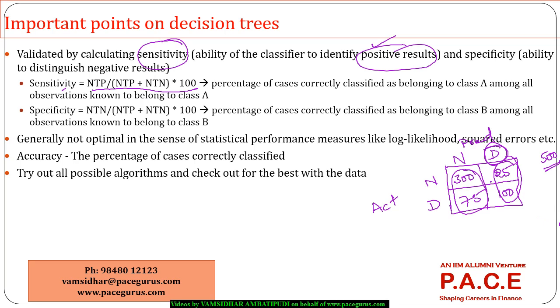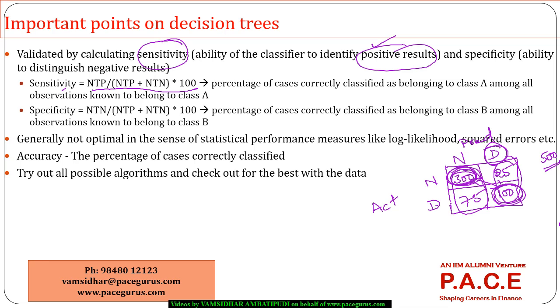So the true positives are 100, because I have predicted default, and actually they were also default. So the number of true positives is 100, and these are the true negatives. So this is what is coming out as the sensitivity.